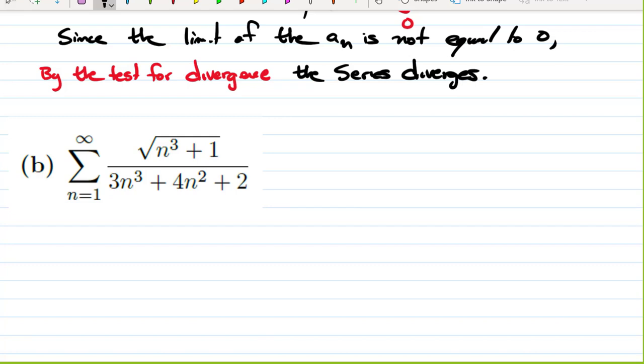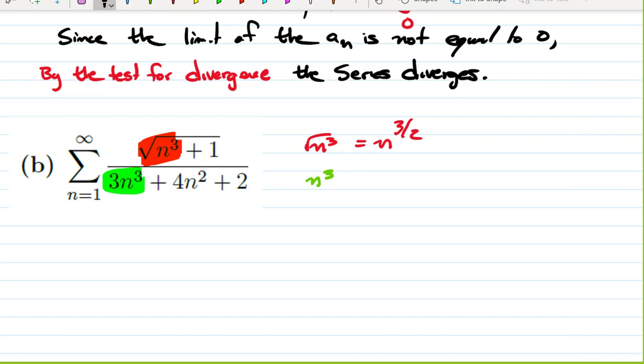So we have a square root and an n cubed. So if we just analyze the leading term here, the square root of n cubed would be the same as n to the 3/2 power. And if we analyze our leading term in the denominator, the order is going to be n cubed.